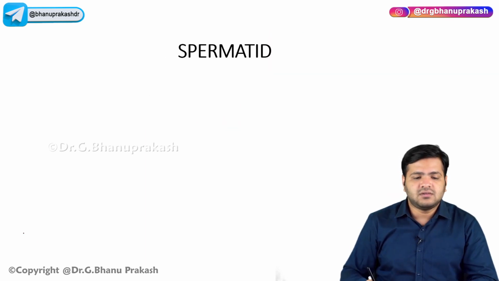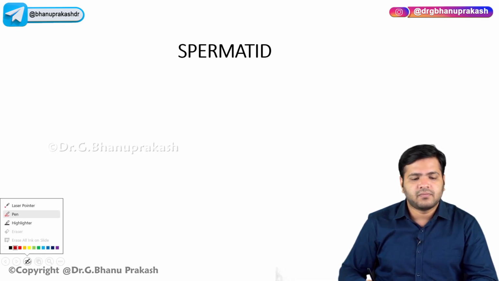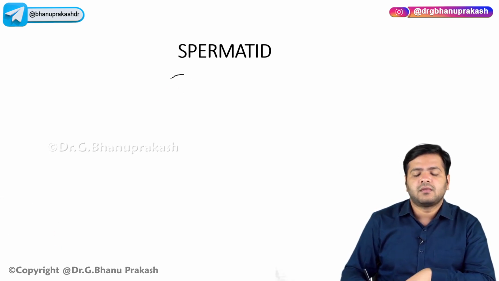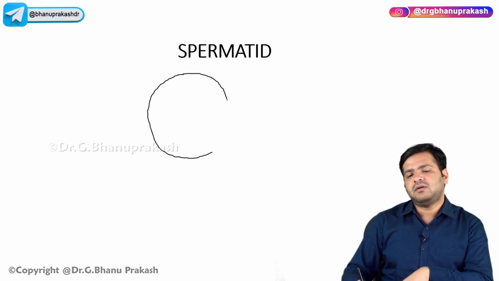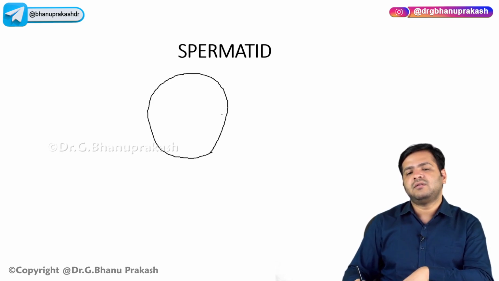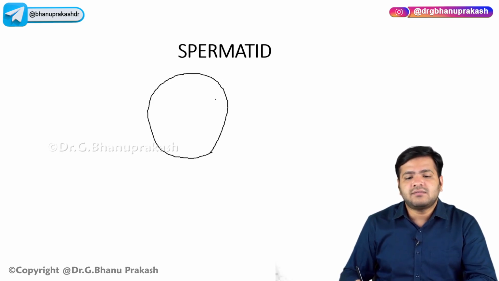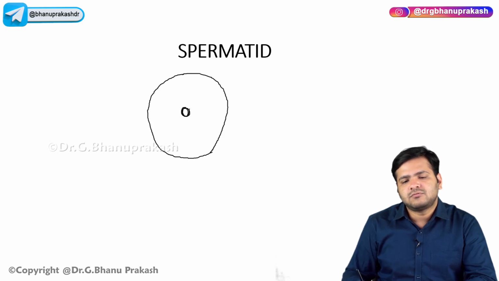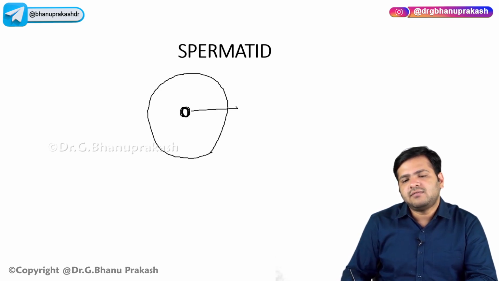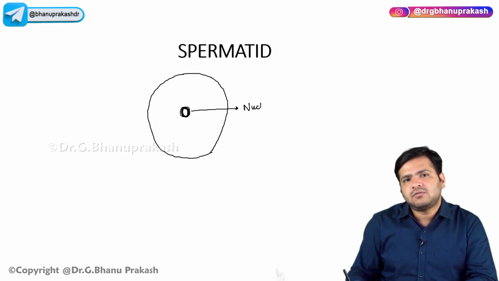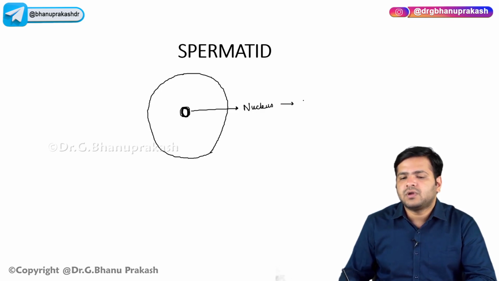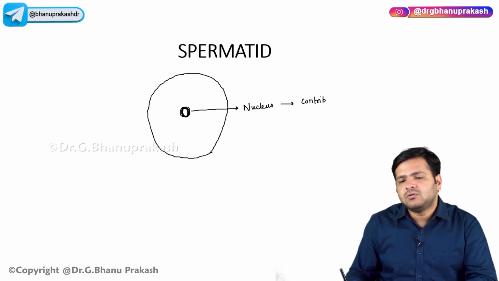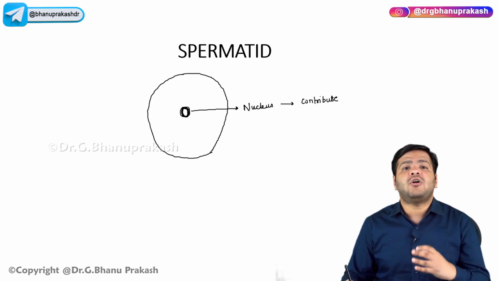Let us draw the structure of the spermatid. Now, the spermatid is a round globular structure, right? Now, this spermatid contains in the center the nucleus, and this nucleus will contribute to form the head of the sperm.